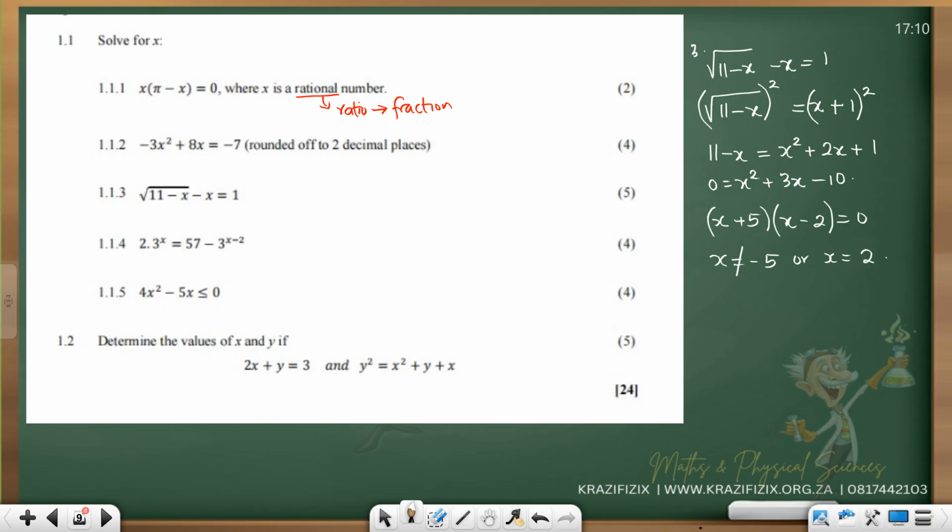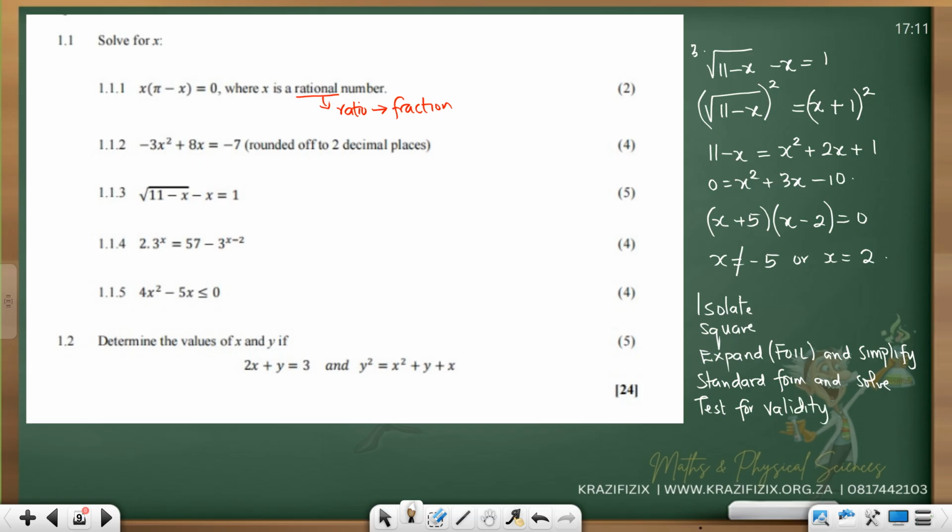Okay, so please don't forget the rules. What are the rules again? Isolate, square, expand, and this is by foiling, and simplify, standard form and solve, and test for validity. 5 important steps.